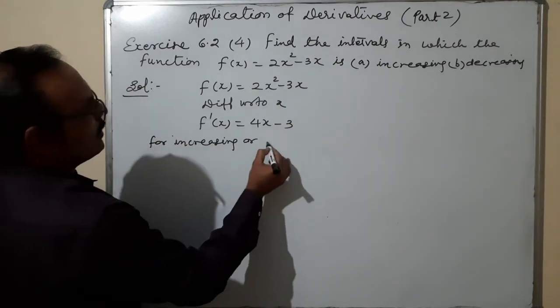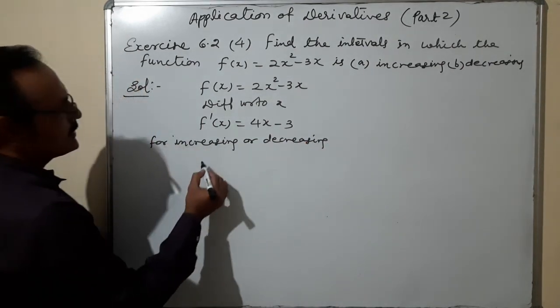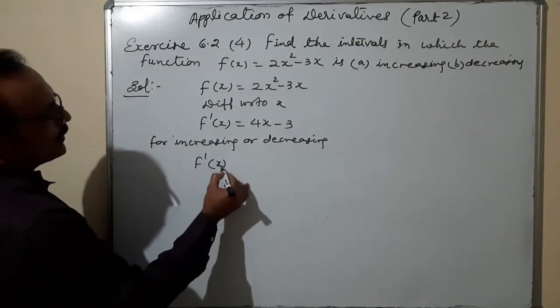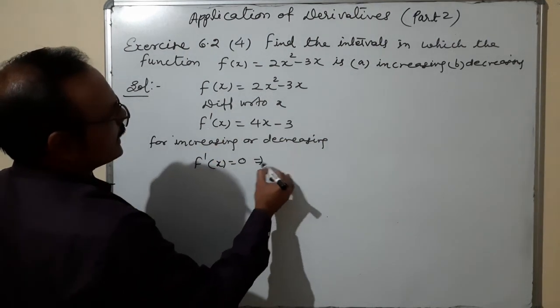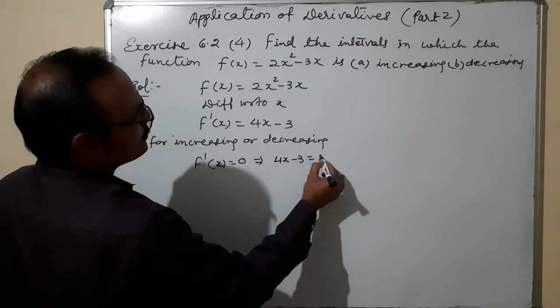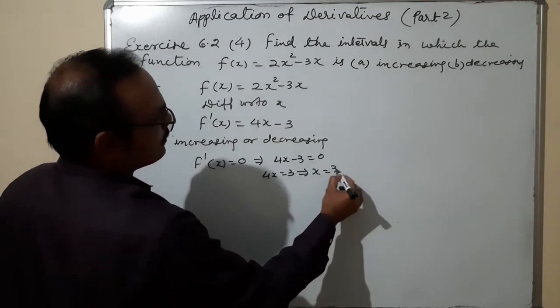For increasing or decreasing, we'll have to find the critical point. f dash x is equal to 0, so 4x minus 3 is equal to 0, 4x is equal to 3. That means x is equal to 3 upon 4.